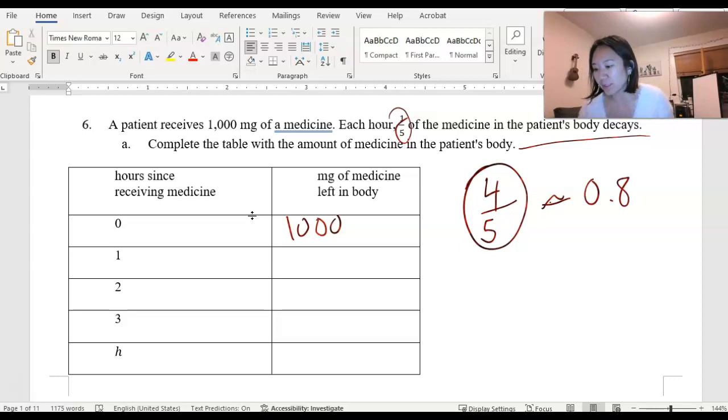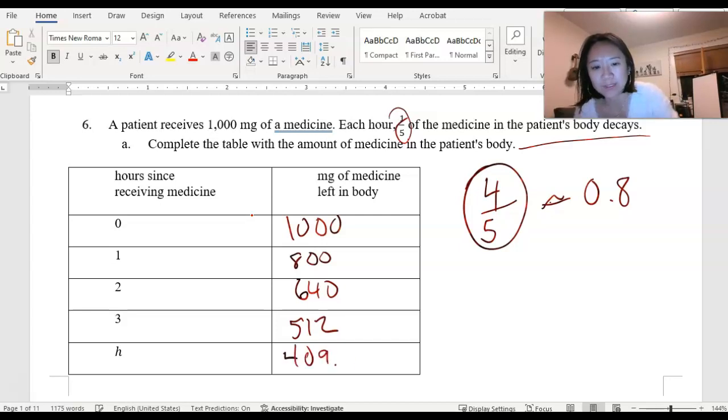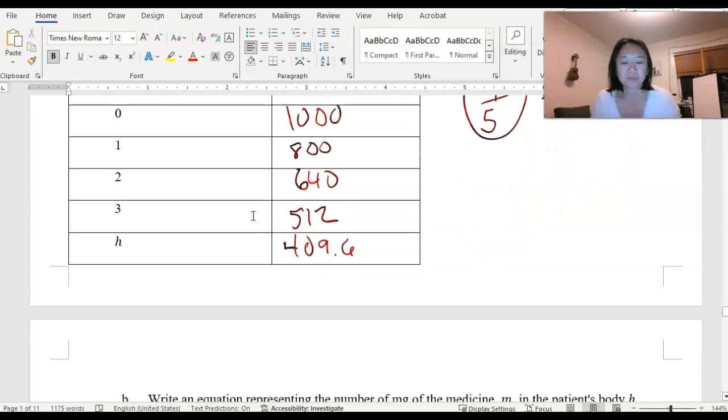So 1,000 times 0.8 is going to give you 800. Then I'm going to multiply that times 0.8, and I will get 640, times 0.8 is 512, and then times 0.8 is 409.6. All right.